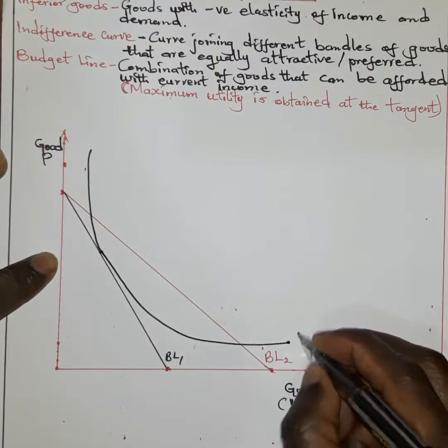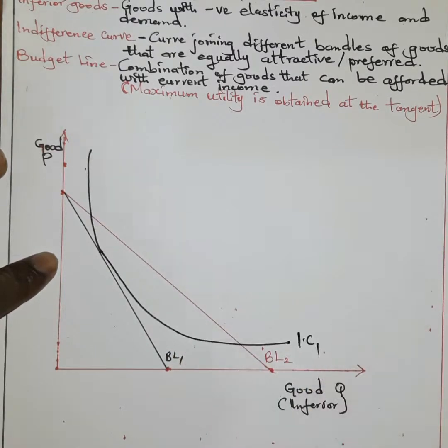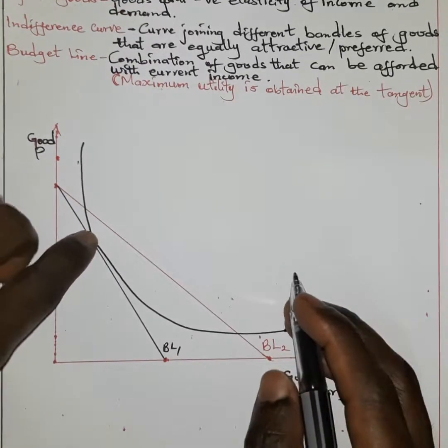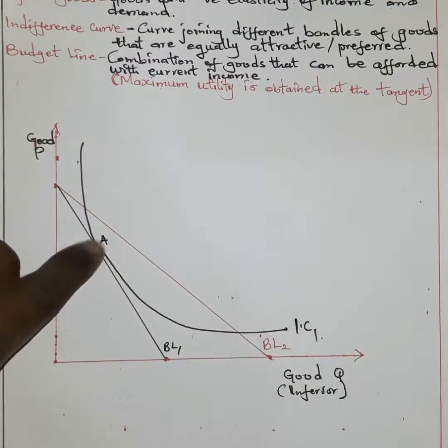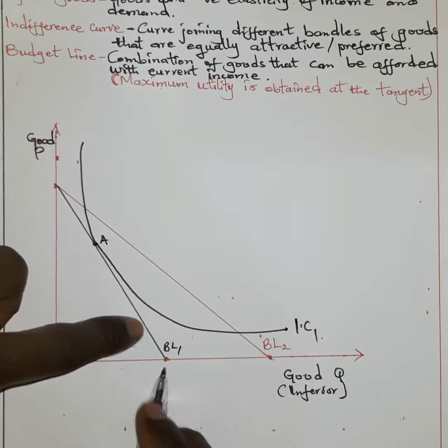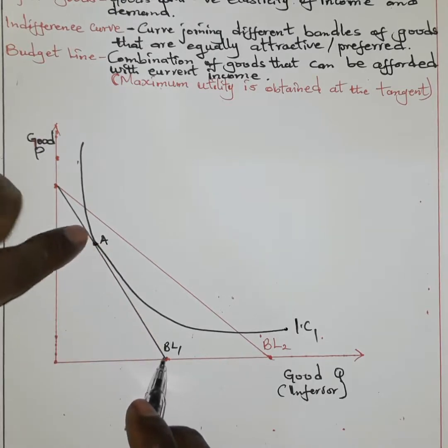So this is indifference curve 1. But when the price drops, you find that point A gives the maximum utility when you consume bundles of goods along budget line L1.